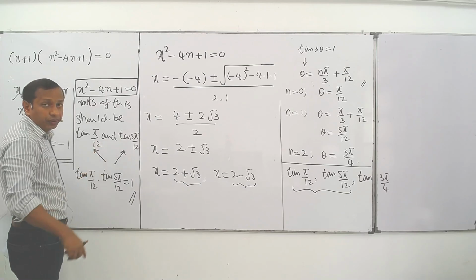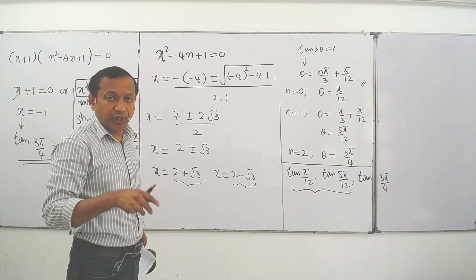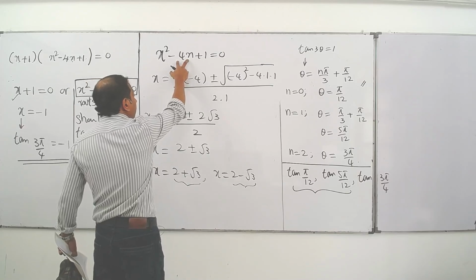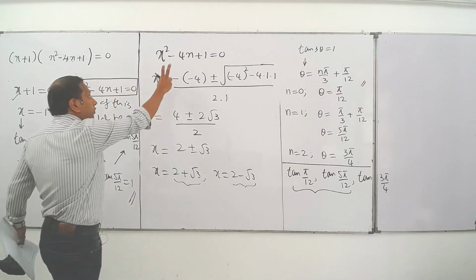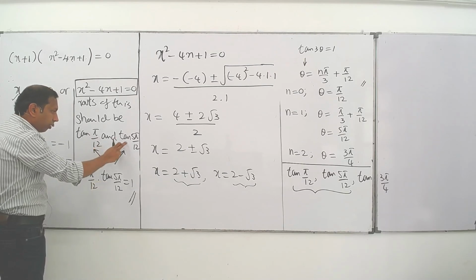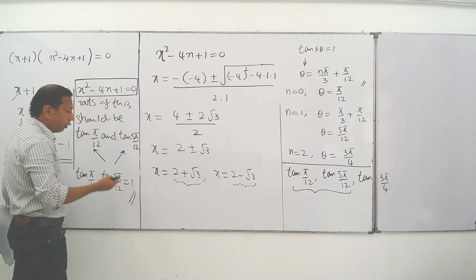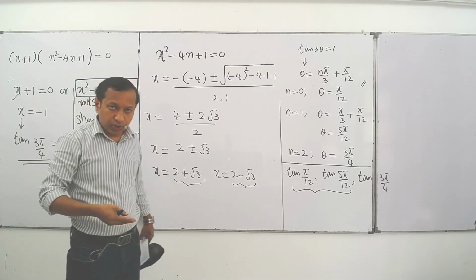The other is the answer of tan 5 pi by 12. Now we have to separate them. Okay? The roots of this quadratic equation are these two. But we told the roots of this quadratic equation should be tan pi by 12 and tan 5 pi by 12. That is why we say one answer of this should be tan pi by 12. The other answer is tan 5 pi by 12.